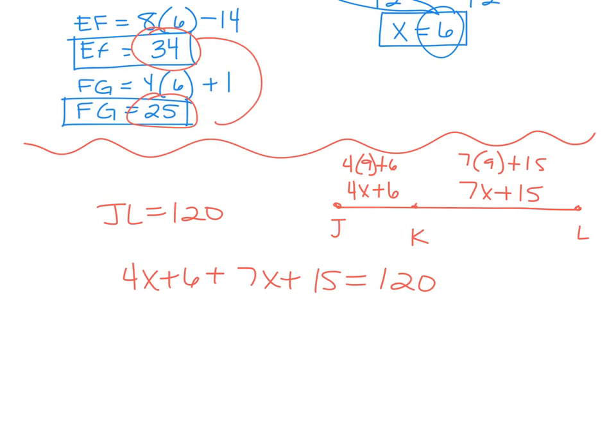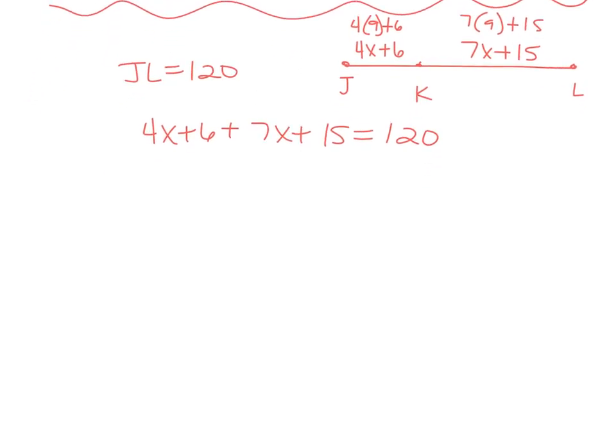Okay, can anyone tell me what congruent means in math or just in general? Have you heard the word congruent before? Equal. Yeah, totally. Congruent, or the symbol for congruent, is an equal sign with the little tilde over top, okay?